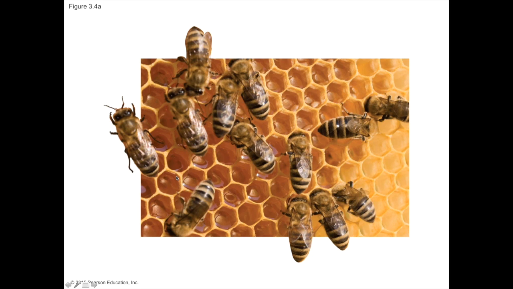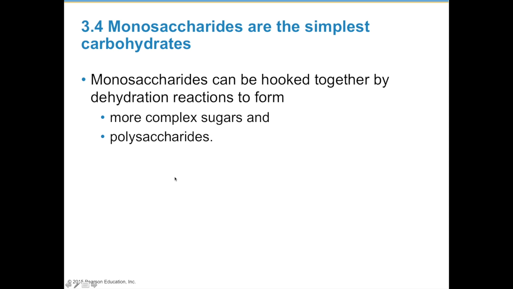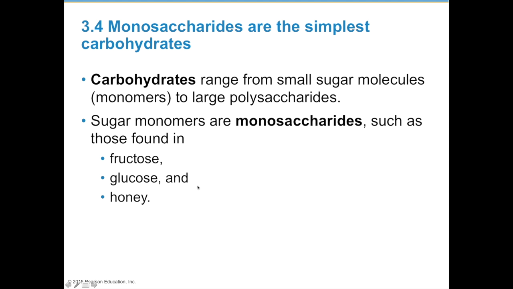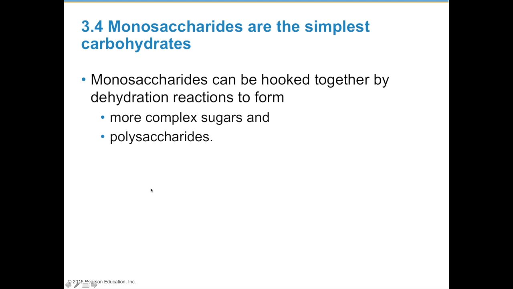Here's honey. Monosaccharides can be hooked together by dehydration synthesis. If I take 2 glucose molecules and put them together, I need to do a dehydration synthesis like we were looking at earlier. If I put lots of them together, I make a more complex sugar, and a more complex sugar is called a polysaccharide.